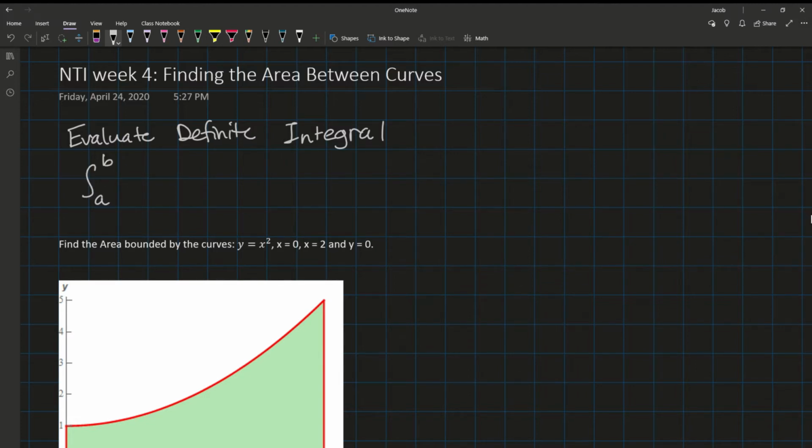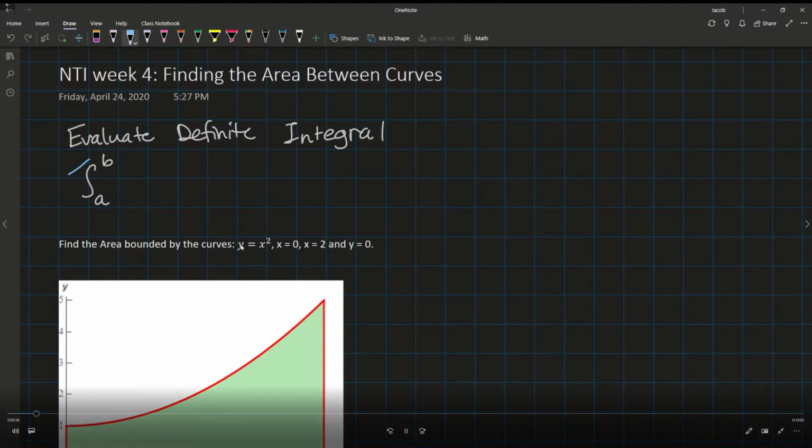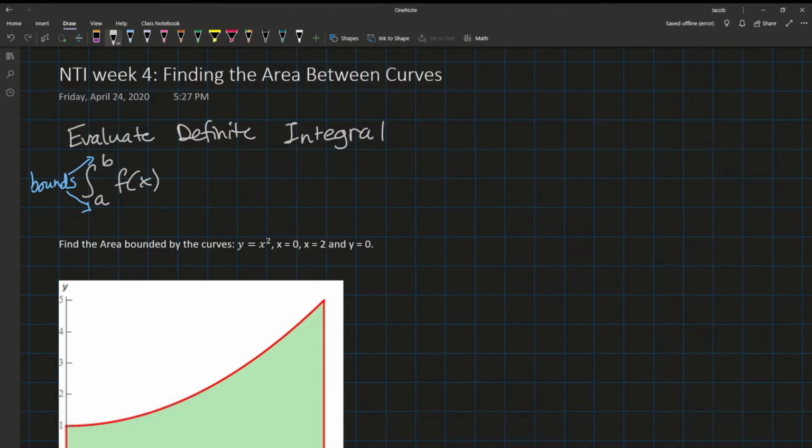and you'll actually be writing a lot of these integrals. So it's important to note that the integral from a to b, those a and b are the bounds of integration. So when I reference them, we are going to be integrating from the starting a value to the ending b value, with a and b representing x values.